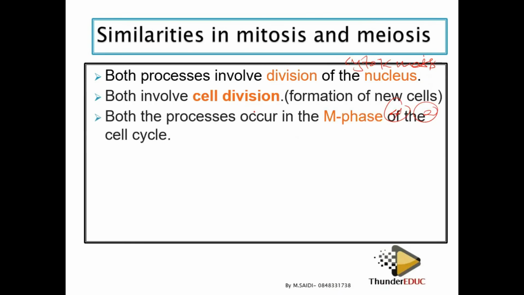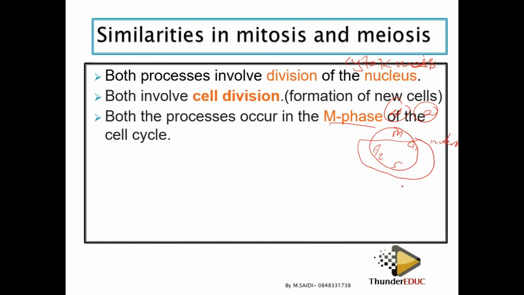Both processes occur in M phase. M phase is the phase whereby the cell starts to divide. The cycle is divided into M phase, and you have the G phase 1, the S phase, and then the G phase 2. All this is interphase. That's why we say this is not a part of meiosis.